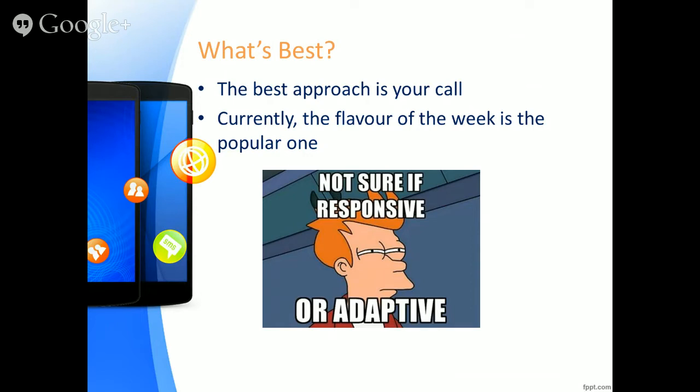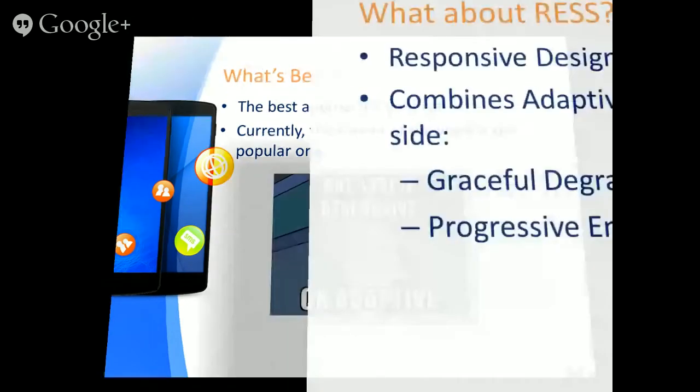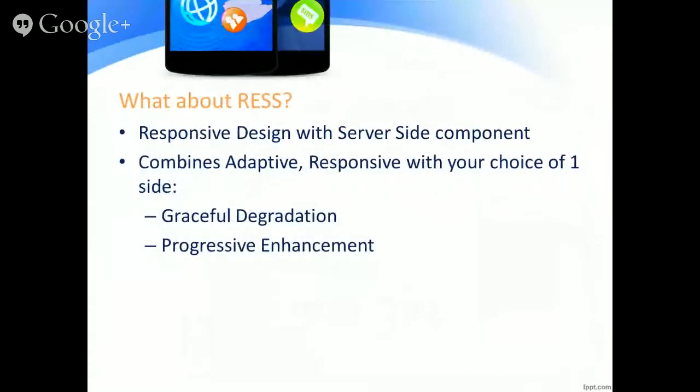My big one is actually a combination, and this is something that is getting talked about a little more now, and it's called RESS, to keep in the context of LESS and SASS and all the other acronyms out there. It's responsive design with a server-side component, and it's kind of like combining adaptive with responsive.